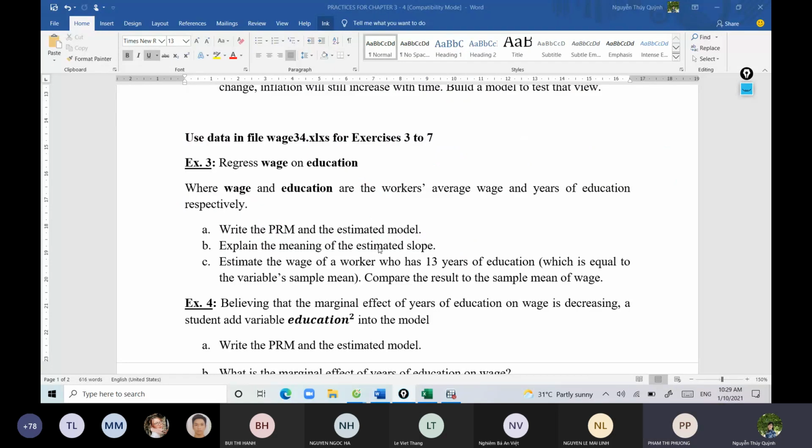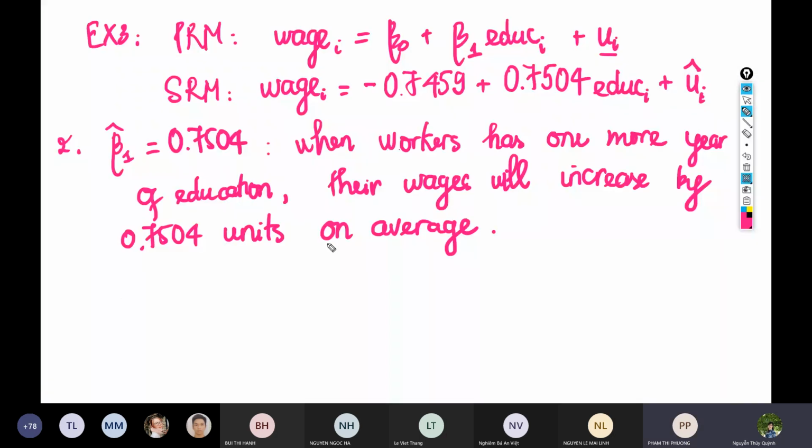So part C: estimate the wage of a worker who has 13 years of education, which is equal to the variable sample mean. Teacher, I want to ask you, because I calculated the variable sample mean and it's not equal to 13, it's equal to 12.